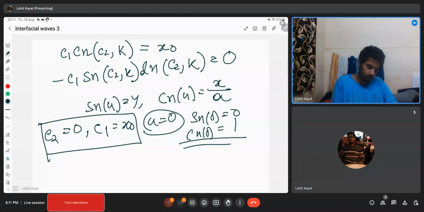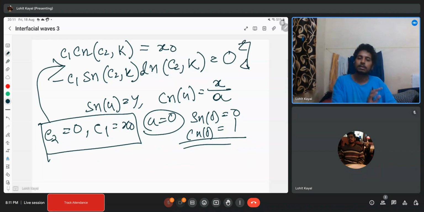This is one solution for this expression. If you put it, you will find that this is a solution. There can be some other solution, but you need to check that. But this is obviously a solution.